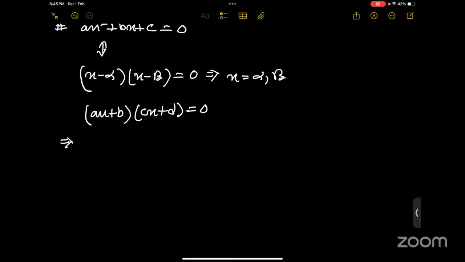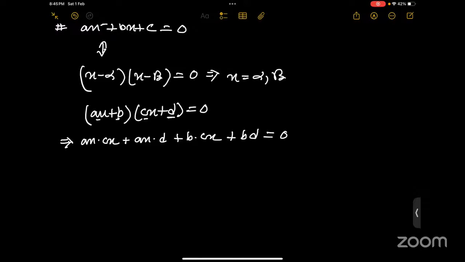We can multiply both the terms. We get ax times cx, then ax times d, then b times cx, plus b times d equals 0.